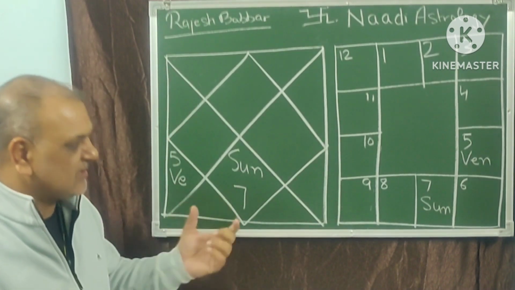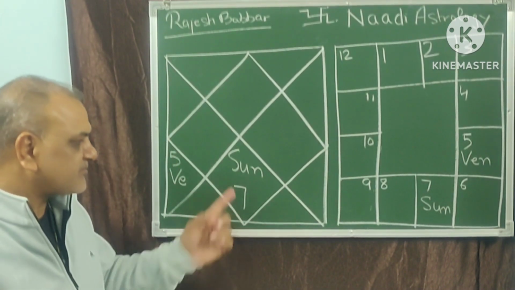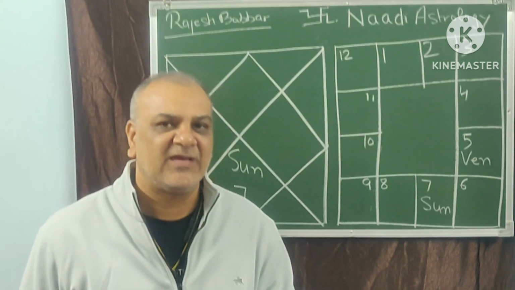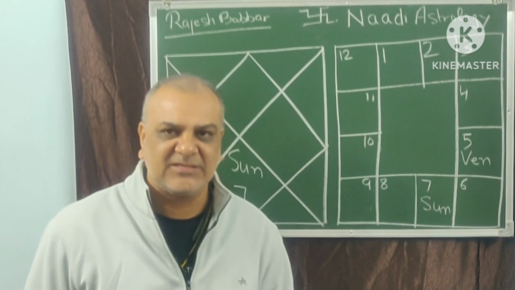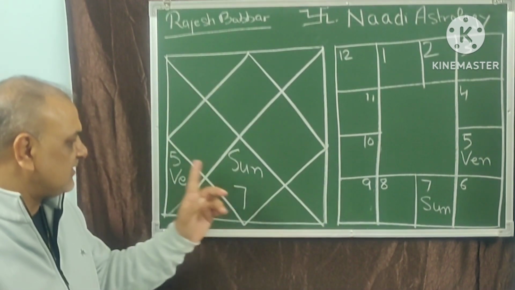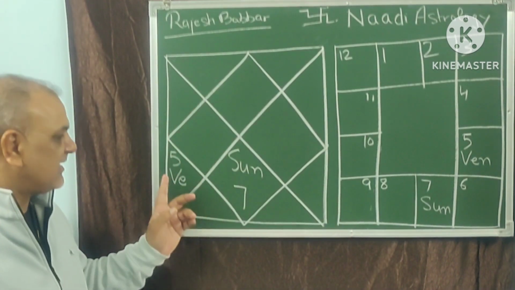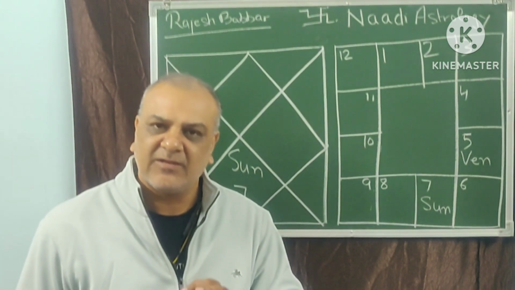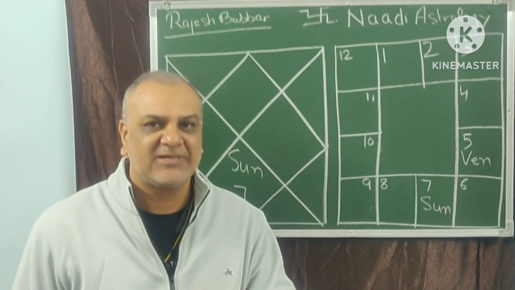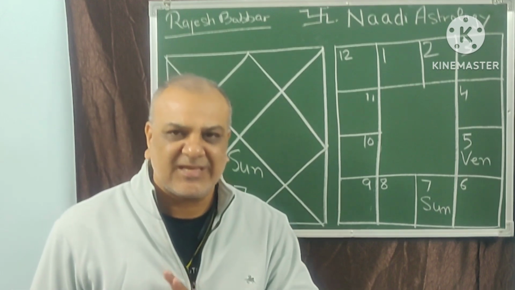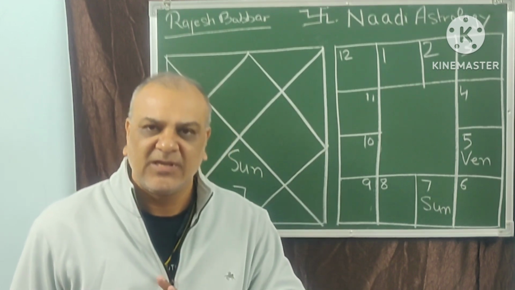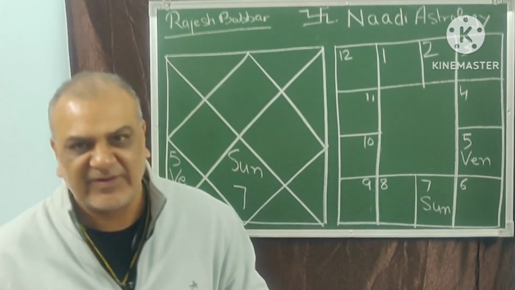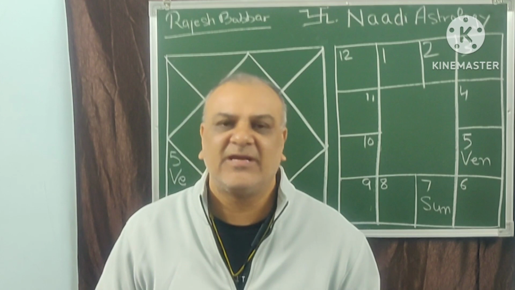So what is the basic rule of Rashi Parivartana? After 30 years, meaning the second part of life starts after 30 years, this Sun will come in Leo and this Venus will come in Libra. This is the law of exchange in Nadi. Especially this is taken in Nadi only, because Vedic astrology deals with Rashi Parivartana in a different way, from different angles.